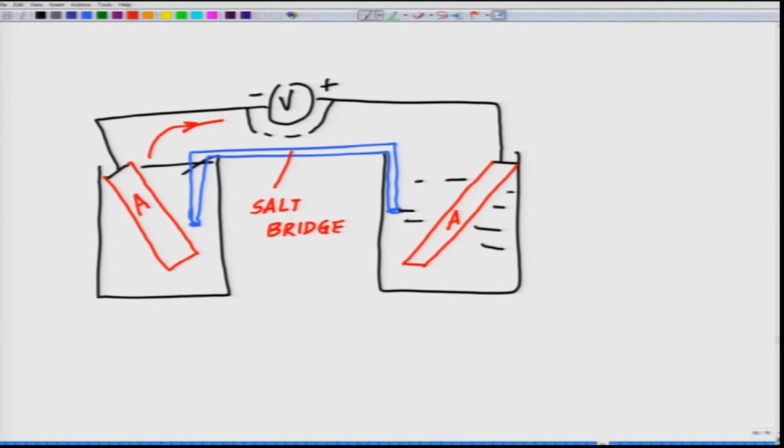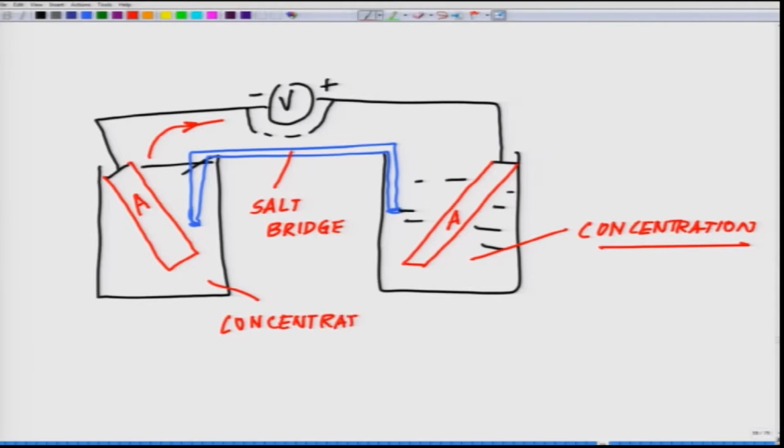Here I am telling it can flow, provided the concentration of the electrolyte or the concentration of the reactant, analyte, varies. Why is it so?